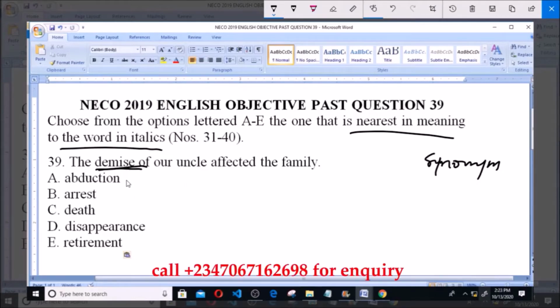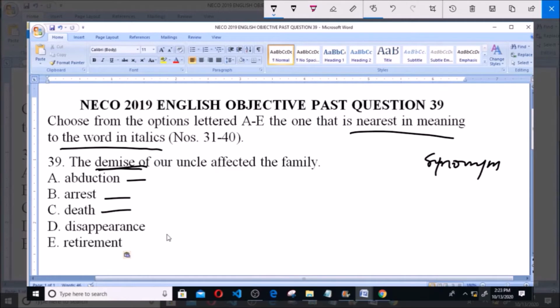Option A, adoption. Option B, arrest. C, death. D, disappearance. E, retirement.